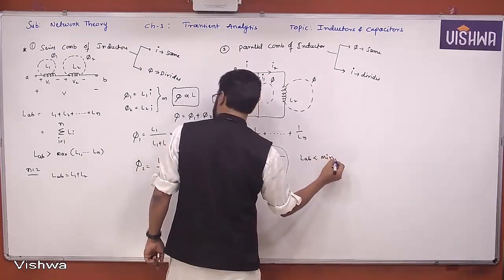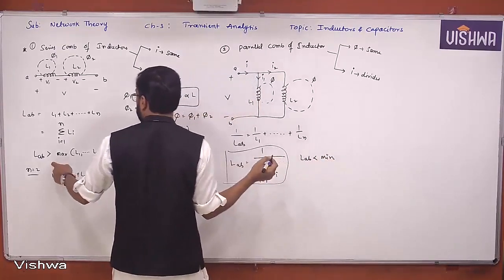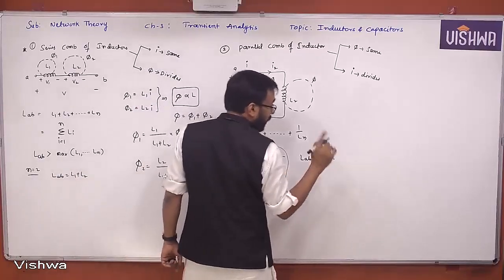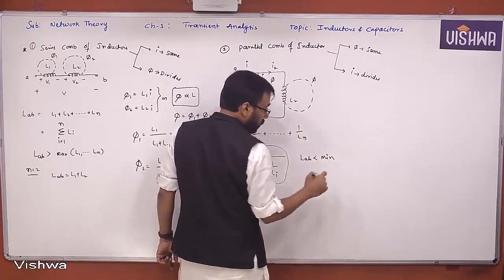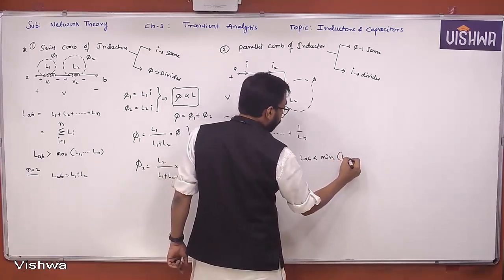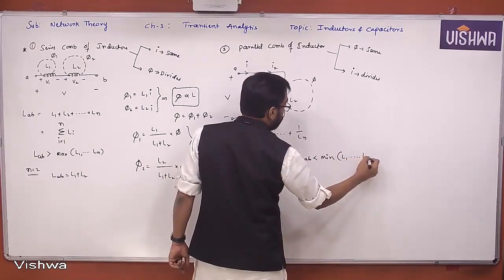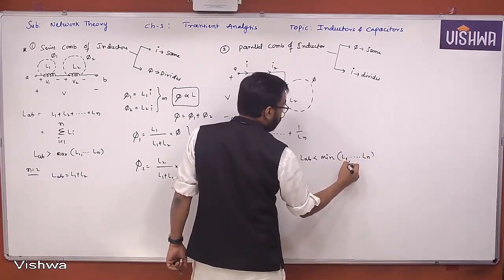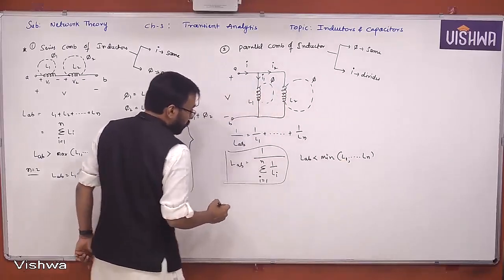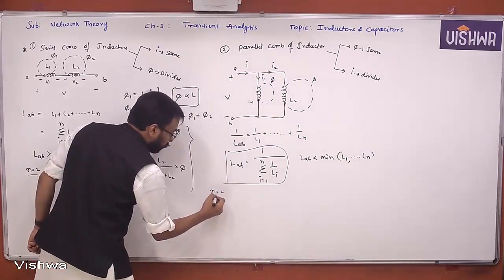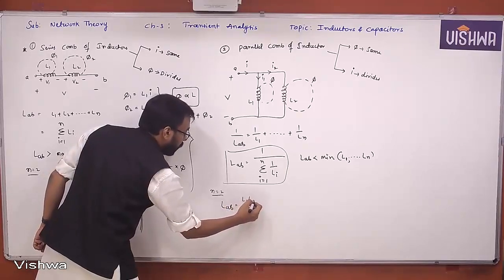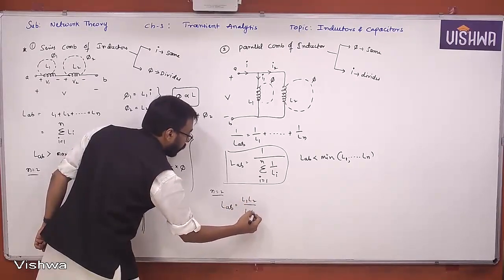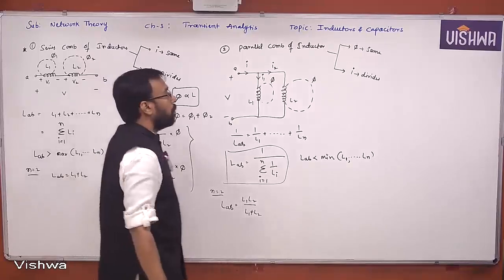It is less than the lowest value, whereas in series it is greater than the maximum value, exactly reverse to the capacitors or same as resistors. Okay, n is equal to 2. LAB is nothing but L1 L2 by L1 plus L2.